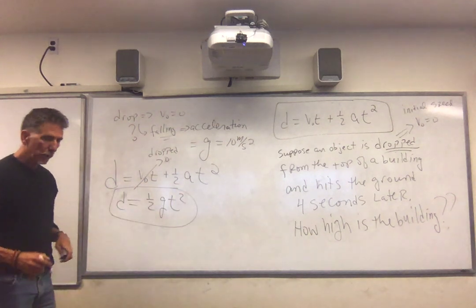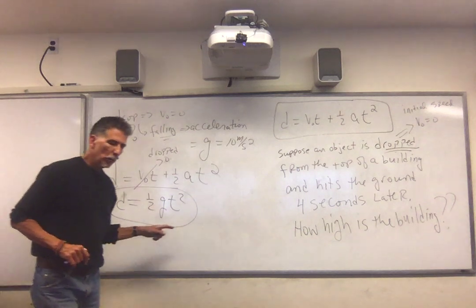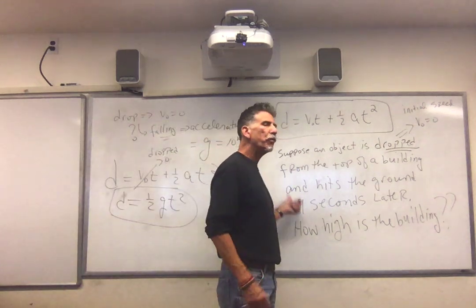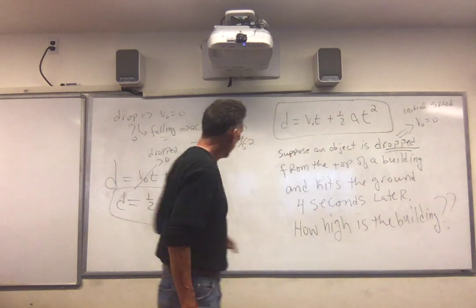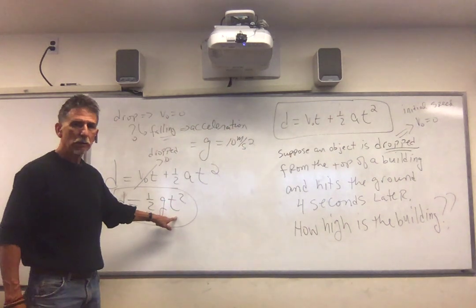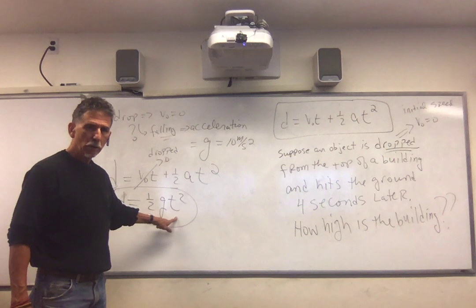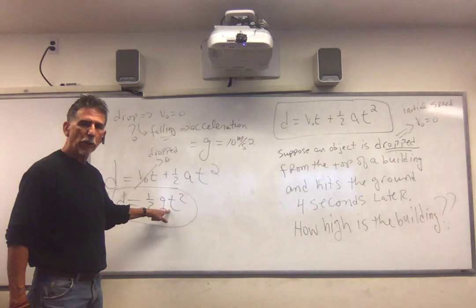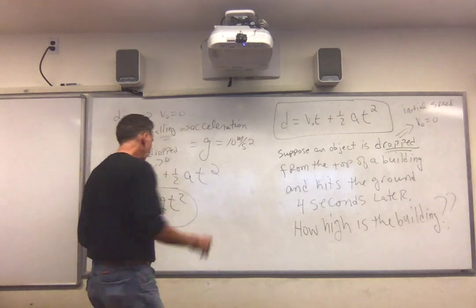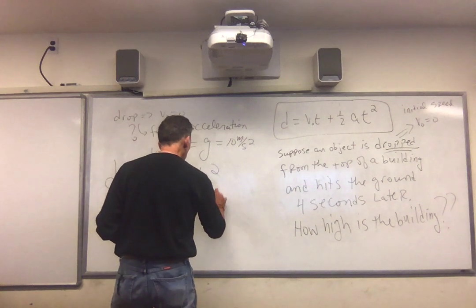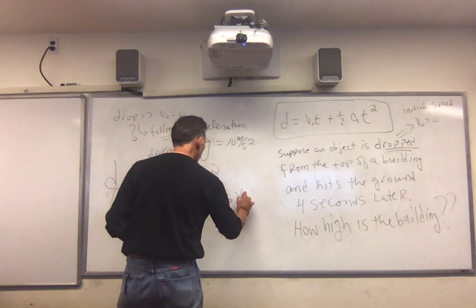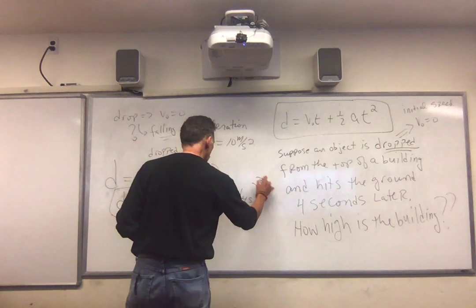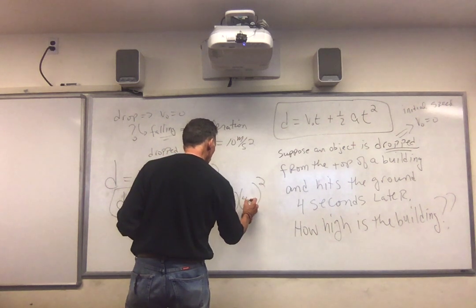Now, we're going to play with this. What was the question? The question was, after 4 seconds, how high is the building? So, what is the value of t? T is 4. Okay? And what is t squared? It'll be 16. So I'm going to write this out: 1/2 times 10 meters per second squared times 4 seconds squared.